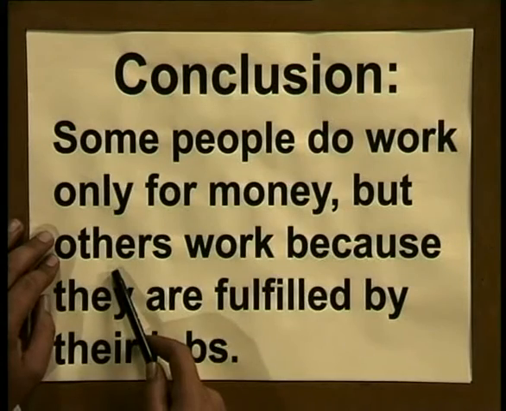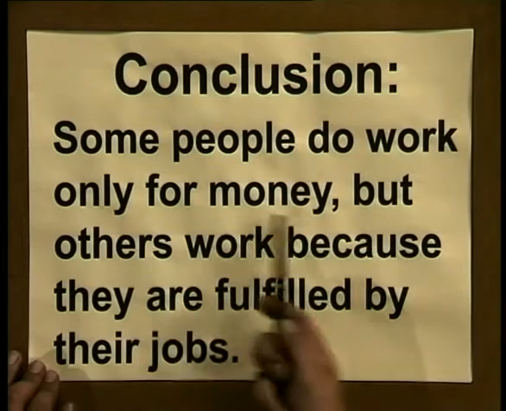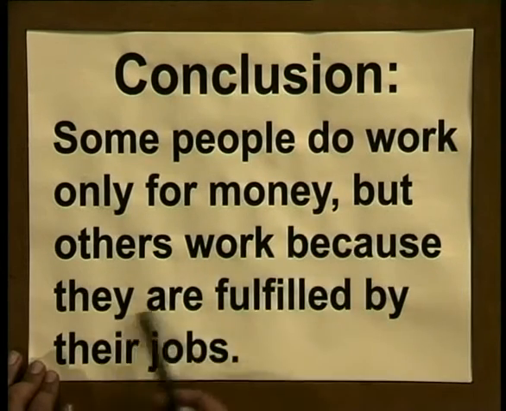And then suggested that you argue other people work because they're fulfilled by their jobs. Now, in order to reach this conclusion, both you and I have then supported those arguments, debated them. In fact, we discussed all aspects possibly relevant to our particular situation. And then finally, we reached the conclusion, an agreed conclusion, which reads, some people do work only for money, but others work because they are fulfilled by their jobs.